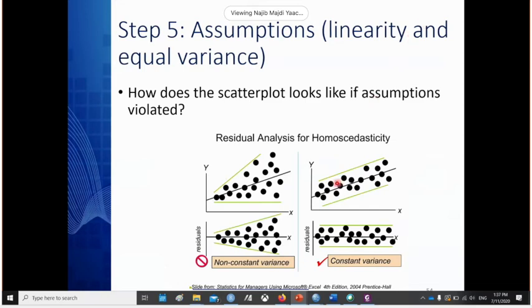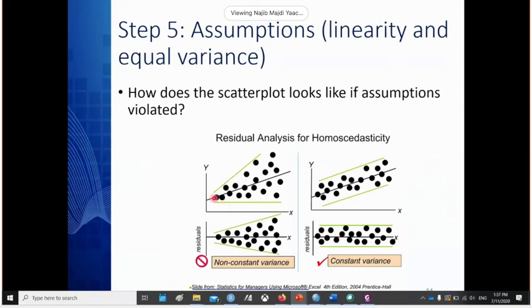Assumption of homoscedasticity, or assumption of equal variance. If your data have equal variance, your XPYR plot also shows equal variance, scattered randomly around the zero line, more or less equally around the zero line.